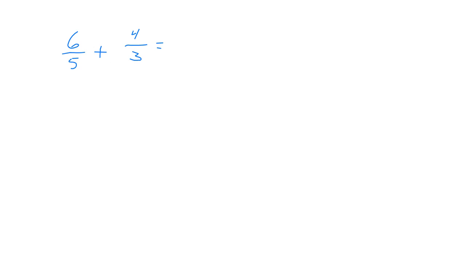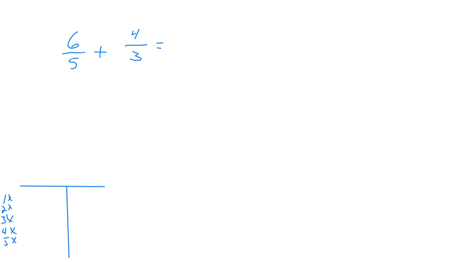Let's see what we get. So I'm going to have a table, a t-chart. I'm going to do 1 times, 2 times, 3 times, 4 times, 5 times. I'm sorry, 5, that's all I need, because I'm only going to go on the factor table as far as my greatest denominator.